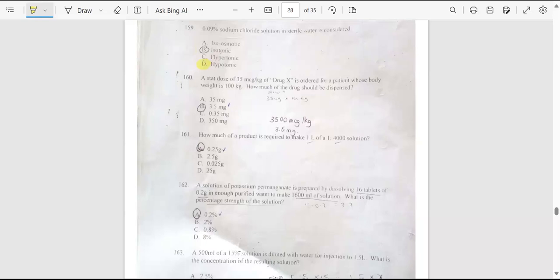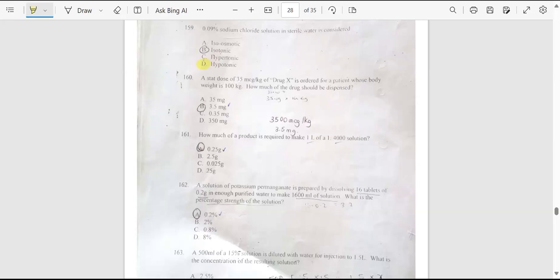So what can we say is hypotonic to water, really? Let's first start there. Water has a very low concentration. Let me check: the 0.09 solution is in sterile water.